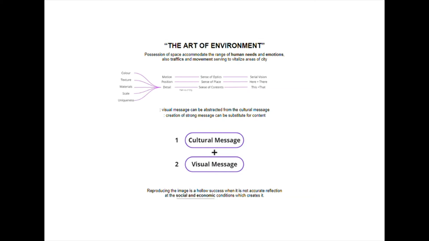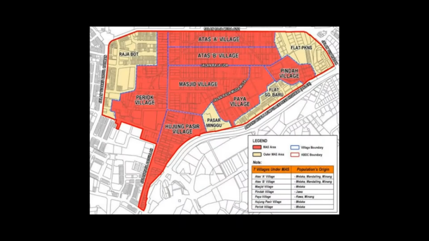So, as you look closer at our site of Kampong Baru, although Hujung Pasir village is located within Kampong Baru itself, it possesses a similar typology of intimate traditional street pattern. However, it does not promote a similar function that brings out the components of life.